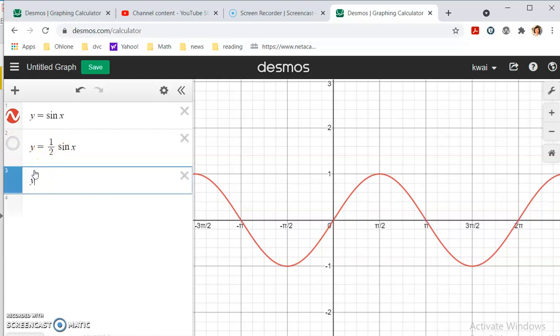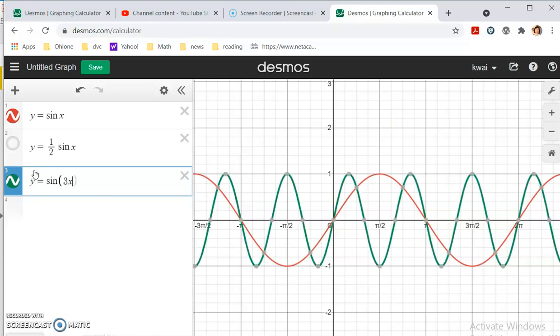What about if I make something change inside? Sine, let's say 3x. What happened? It doesn't affect the amplitude. The amplitude is still 1, but it affects the frequency of the wave. So instead of one cycle from 0 to 2 pi, now I have 1 time, 2 times, 3 times.